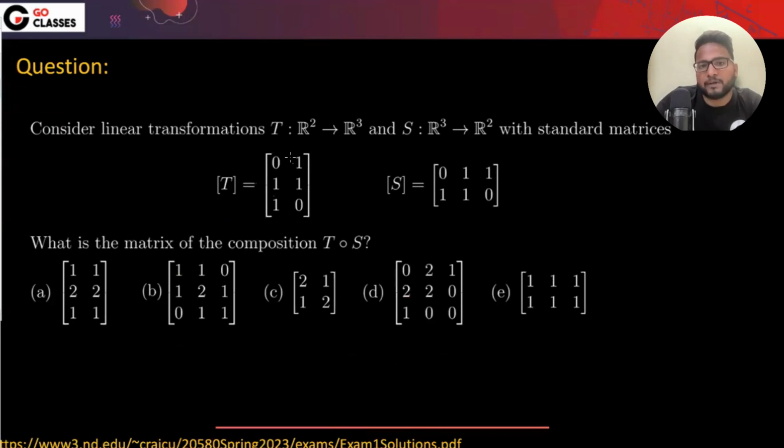Let's suppose this is A, this is B. Just tell me what is the answer, AB or BA? What is the matrix associated with this composition? It should be AB, right? Because you are doing S first and then T. So you just need to multiply by A and then B, and then you will get your answer.